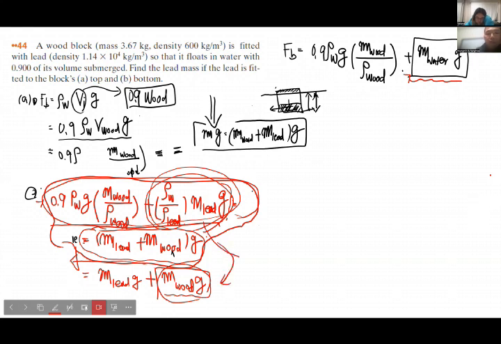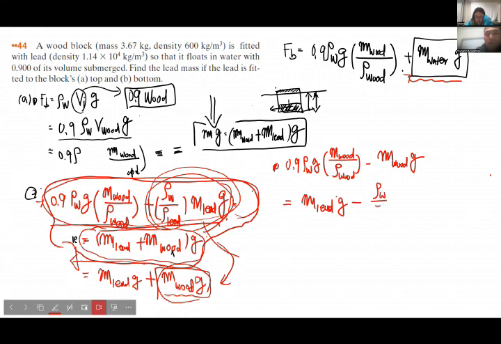So rearranged, it should be 0.9 rho_W G M_wood over rho_wood minus M_wood G equals M_lead G minus rho_W over rho_lead times M_lead G, right? So you just shuffle around.